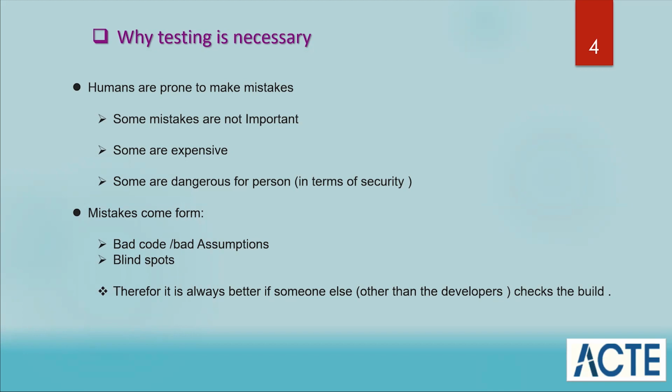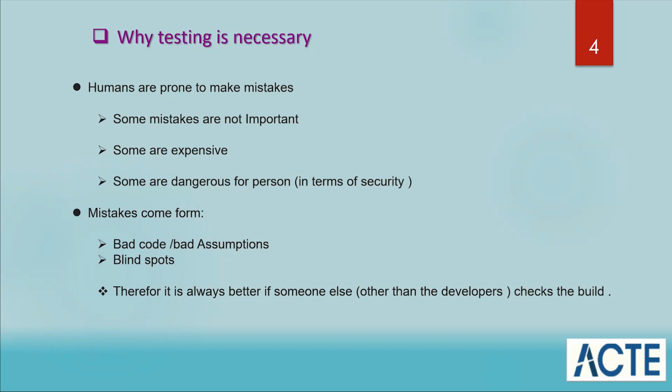So the next point is humans are prone to make mistakes. Some mistakes are not important, we can ignore them. Some are expensive. Here, what it means is, let's say a developer made a product and it leads to a financial loss.